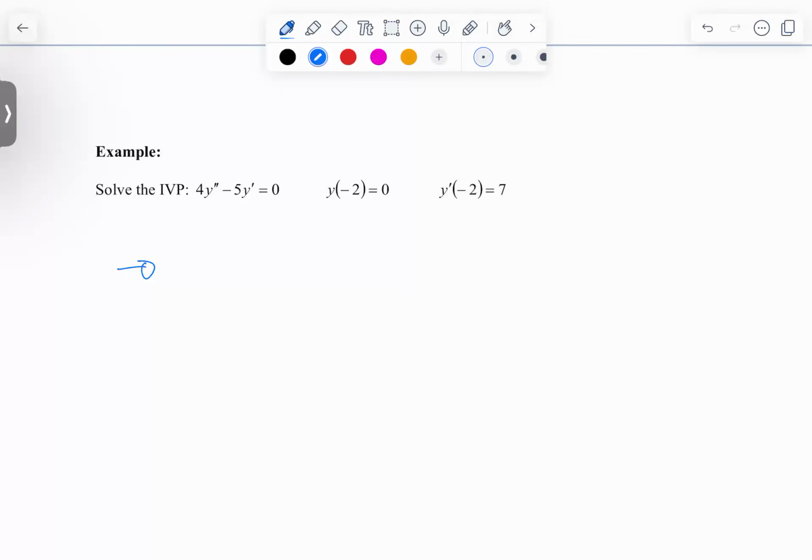So again, second order constant coefficients, the characteristic equation becomes this, and again, this I can solve with some factoring.